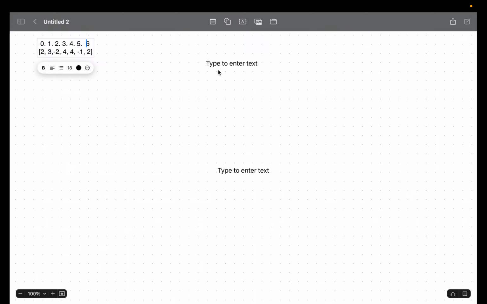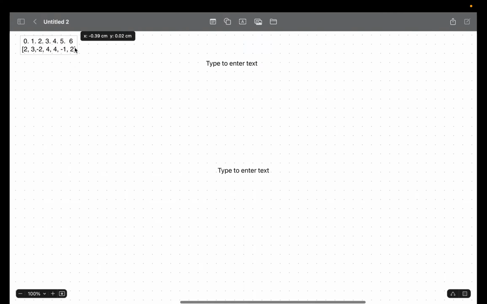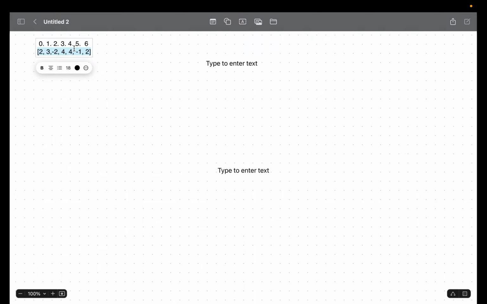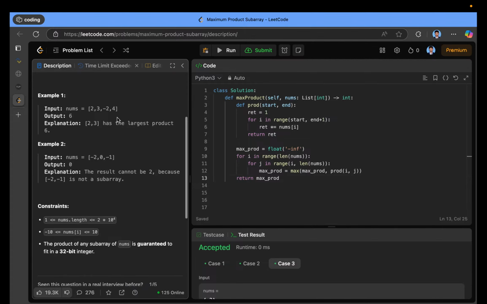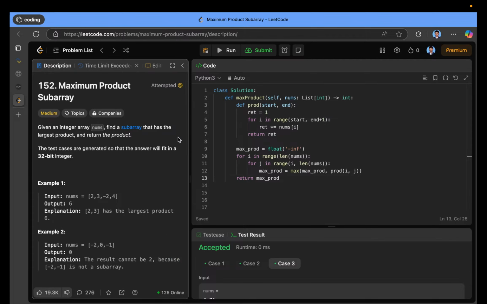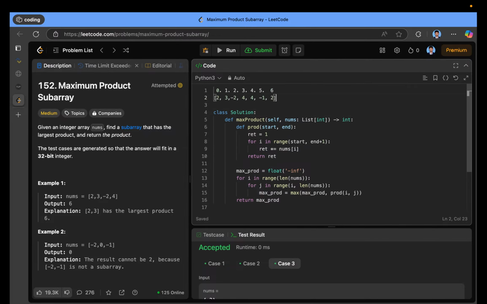Now I have to find how to solve this thing. I'll copy it here, so that whoever is watching can understand what I am doing.